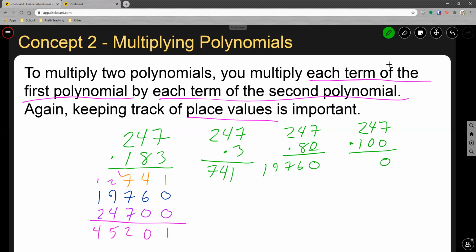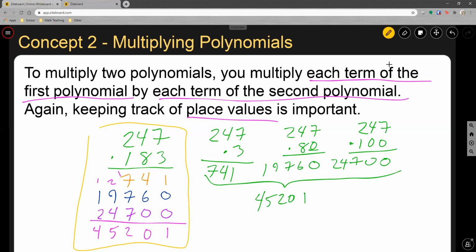So what I'm ending up with are multiples of 100, which gives me 24,700. And again, then I have to add all these together once I'm done. And if I added those, I would get 45,201. So once again, I'm saving a bunch of space by doing this stacked method of multiplication.